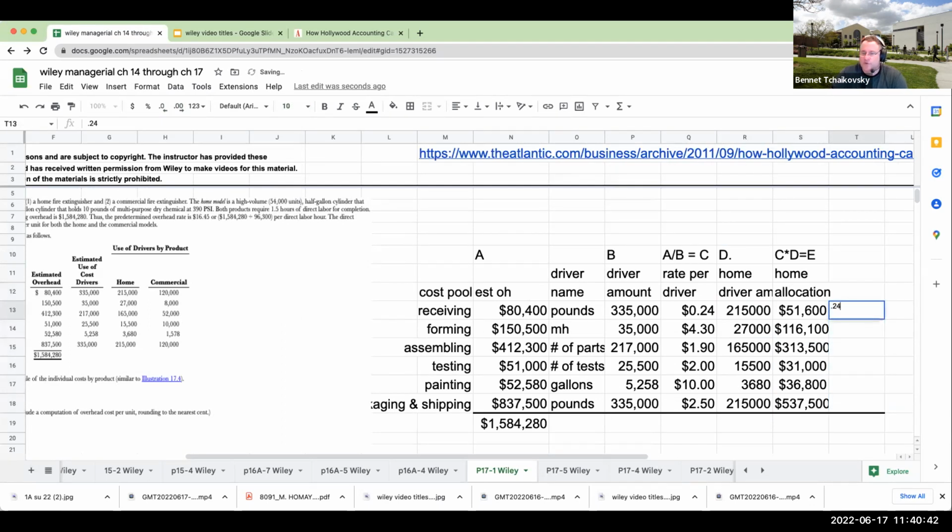This is going to be 0.24 times 215,000. This is going to be 4.3 times 27,000. This is going to be 1.9 times 165,000. This is going to be 2 times 15,500. This is going to be 10 times 3680. And then this is going to be 2.50 times 215,000.